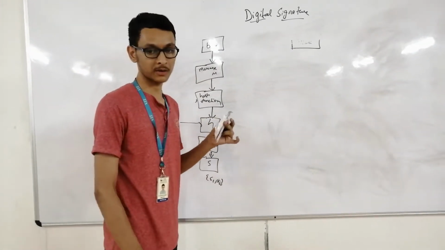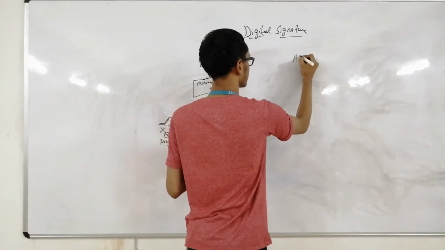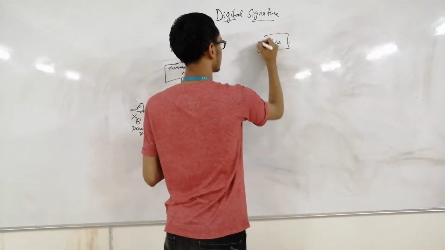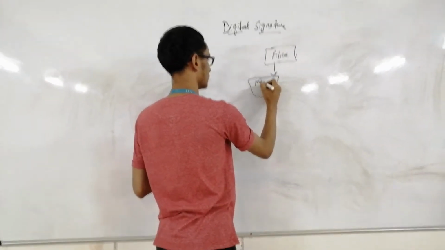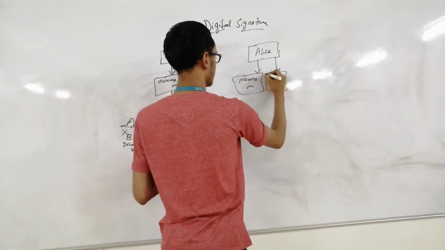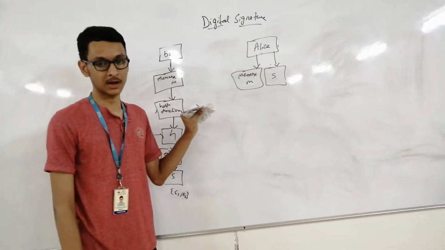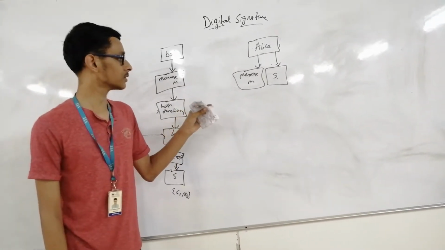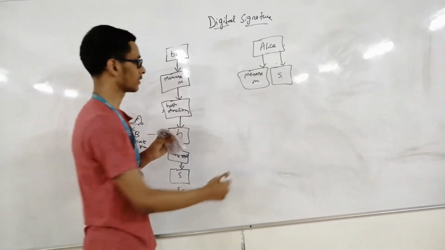Now this is all about Bob, who is the sender. Now let's talk about the receiver. Alice gets the message M along with the signature S. She has both, and now she needs to verify whether the signature is authentic or not.